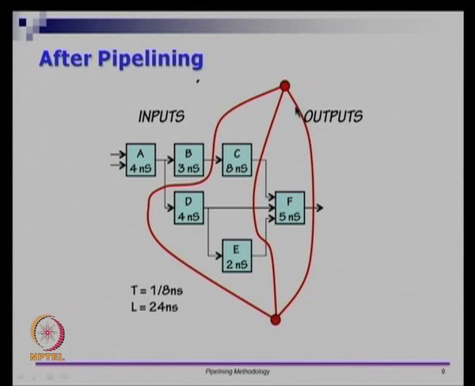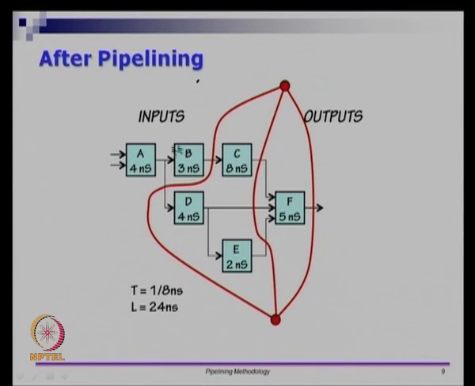If you count the number of flip flops, the third stage pipeline is only registering F, so that is one flip flop. The second stage pipeline is registering C, D and E, so there are 3 flip flops here, and the first stage pipeline is registering B and registering on this branch of A, so that is 2 flip flops.